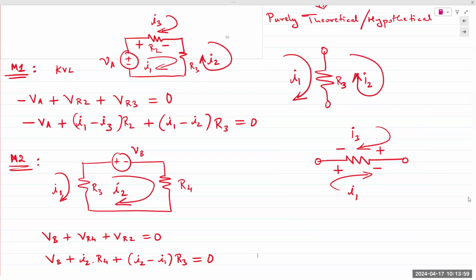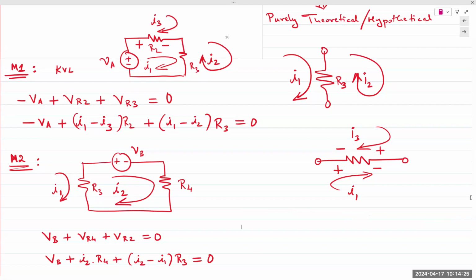Okay. Let's say you choose one current going in the clockwise direction and the other current going in the counterclockwise direction. In that particular shared branch, let's take I1 and I3. Yes. Sure.